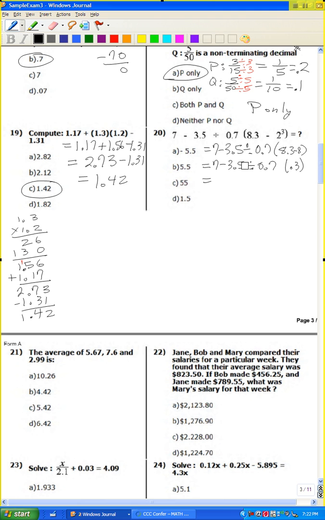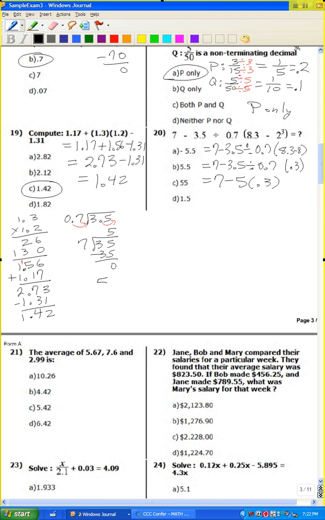So I'll go left to right. So I'll do the division. 3.5 divided by 0.7. Let me move my decimal one place to the right. So 35 divided by 7, 5. And so I have here 7 minus 5 times 0.3.